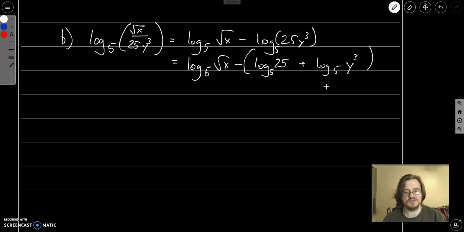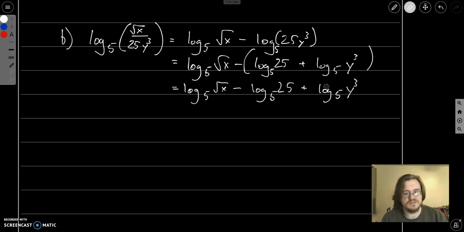Cool. And I'm subtracting everything here, so let me distribute the negative sign. So minus log base 5 of 25 plus log base 5 of y cubed. Oops, I didn't distribute my negative sign. There we go. So let's simplify some things.